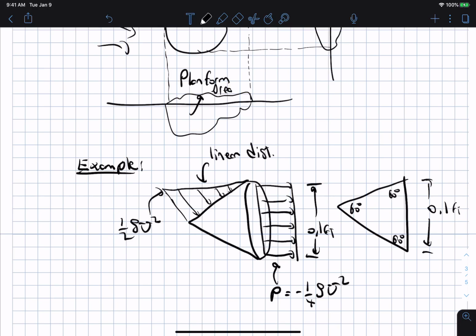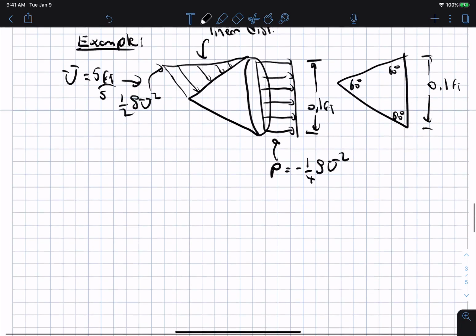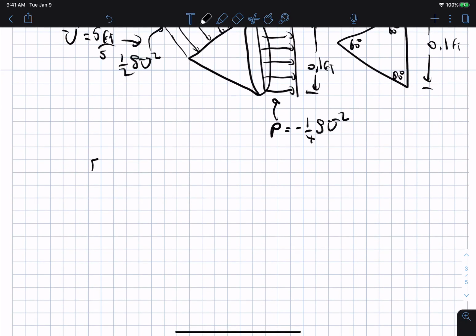The free stream velocity equals 5 feet per second, and that's going in the x direction. And so we are asked to find CD and CL, neglecting skin friction.